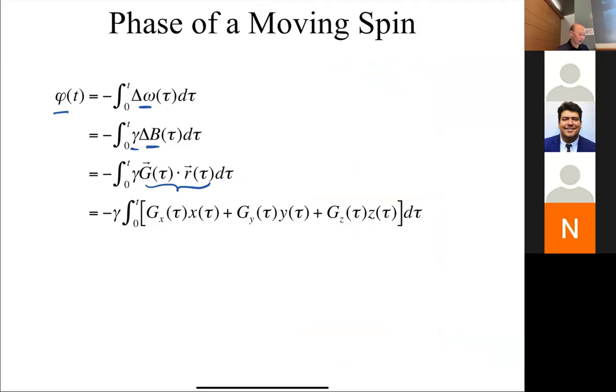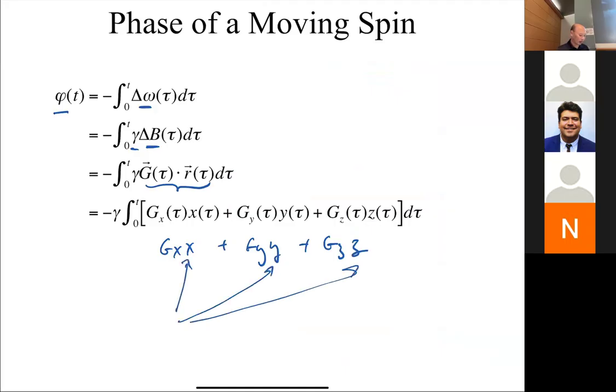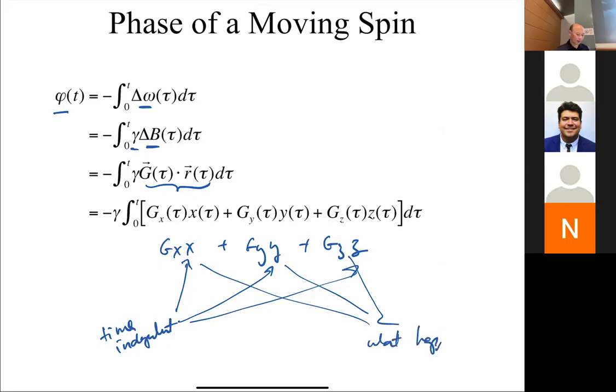So we've seen this before, like GxX plus GyY plus GzZ. Okay. And previously, we've assumed that these are time independent, right? But now what we want to consider is what happens if x of t has time dependence, right?